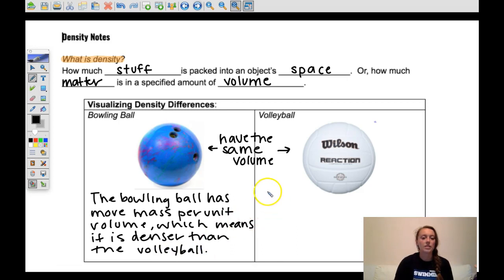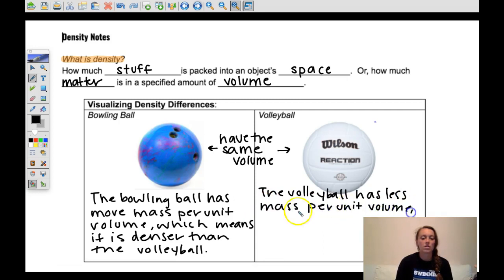In contrast, the volleyball has less mass per unit volume, which means it is less dense than the bowling ball.